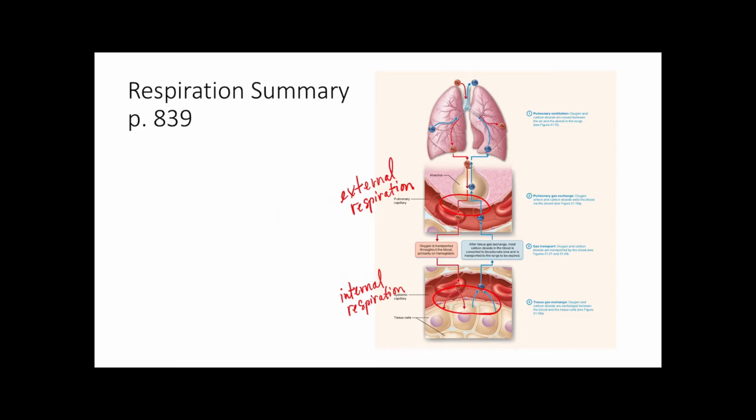Once the gases get into the blood, then it's all up to the partial pressures in order to exchange those gases between the tissue cells and the blood. So, this larger process involves partial pressures, Dalton's law, Henry's law, and pulmonary ventilation involves Boyle's law, as we've discussed previously.